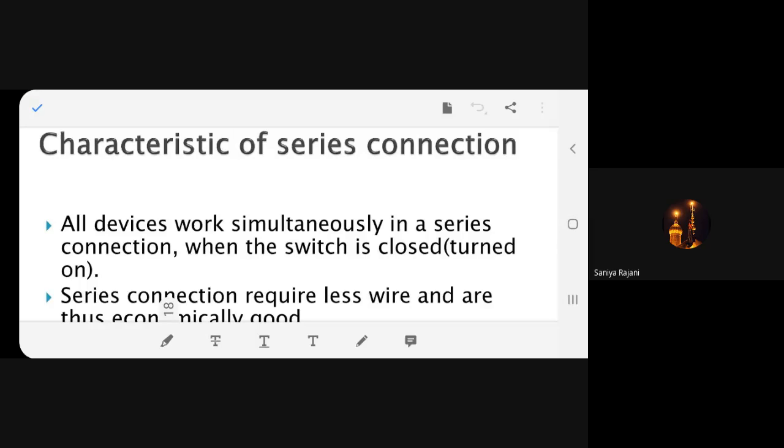What is the meaning of devices over here? Do you know or don't you? Do you know what are the devices that we're talking about? Yes, tell me. What are devices?